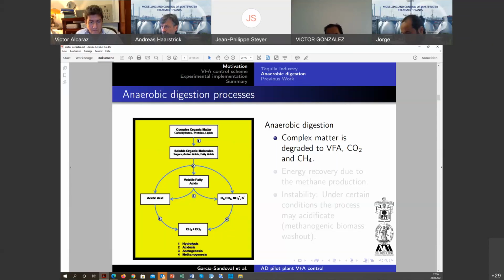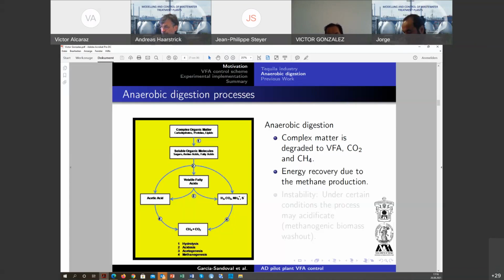And Jean-Philippe also showed that the International Water Association has developed a benchmark model to test both the state estimators and controllers for a better understanding of what's going on in these transformation processes.